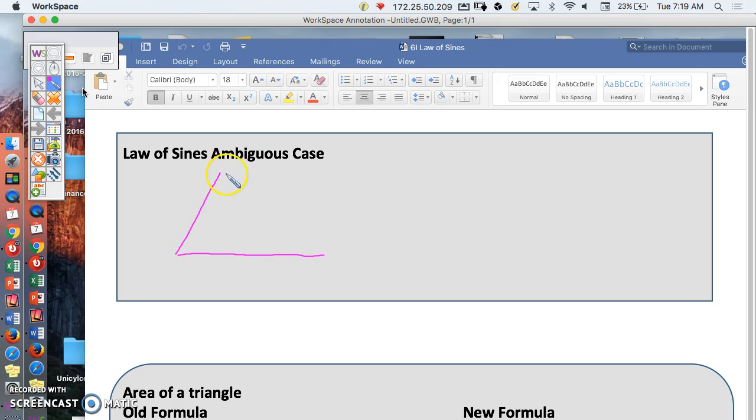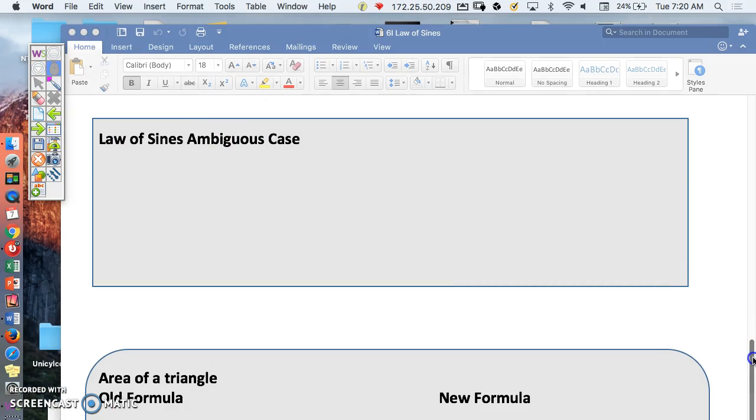Let's say this is 33 and we know that this is 10. There's some cases where there's two triangles, so 10 could swing here, or the leg could also swing out here and it could be 10. But we're not going to worry too much about this ambiguous case. All the ones I will give you, there'll only be one solution.